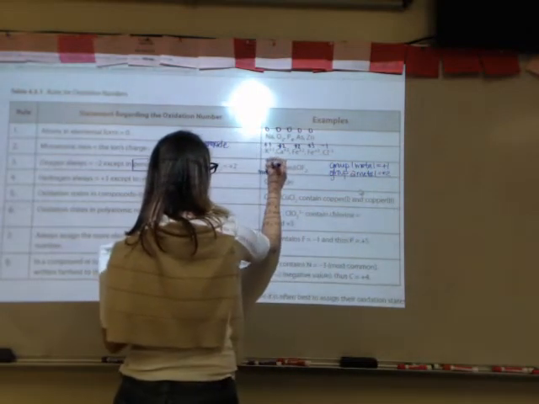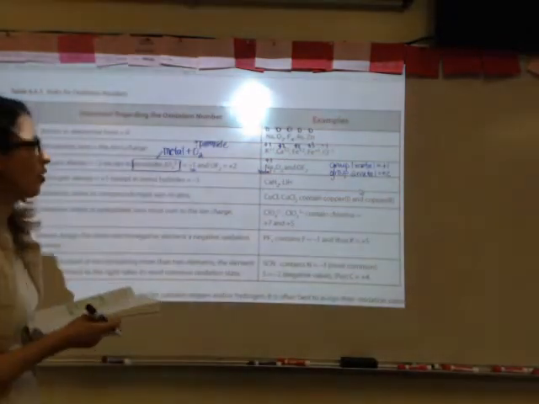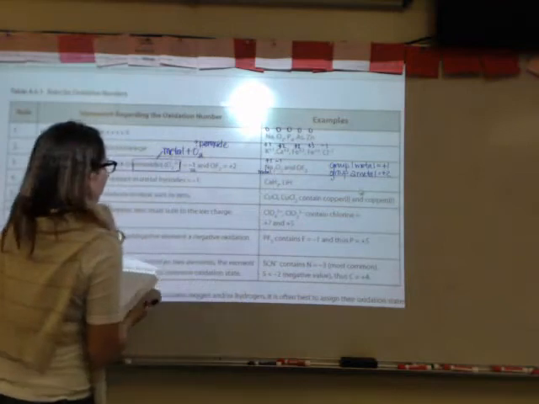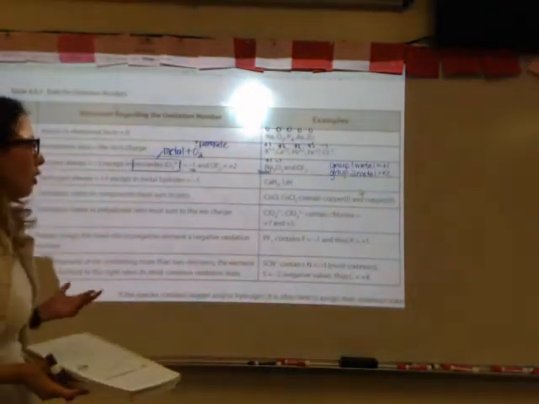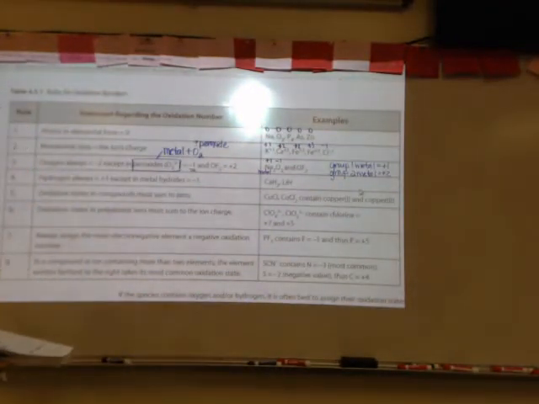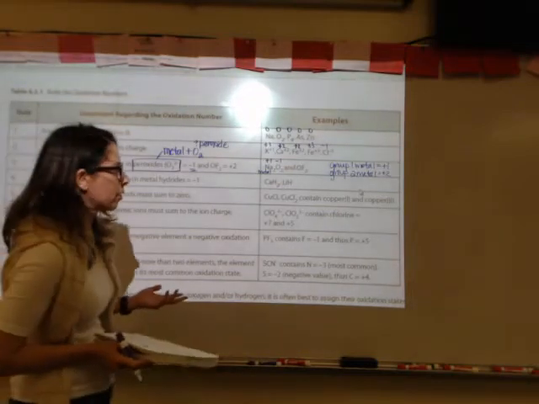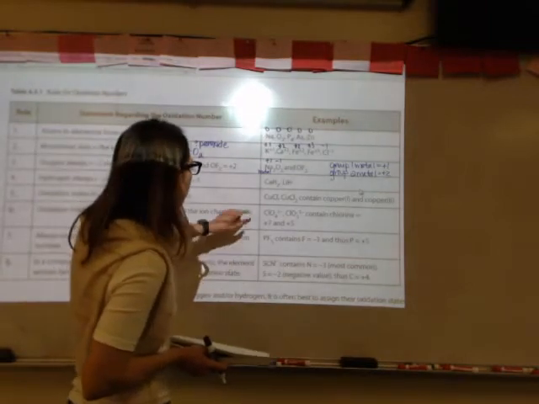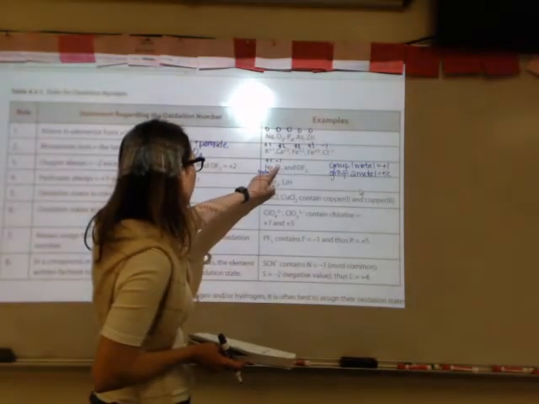So I would assign sodium its +1, and then I would figure out the oxygen. It has to be a -1, and let me tell you why. When you have a neutral compound, and I'm giving you rule number 5, when you have a neutral ionic compound, meaning there's no charge written on the screen, the oxidation numbers add up to 0.